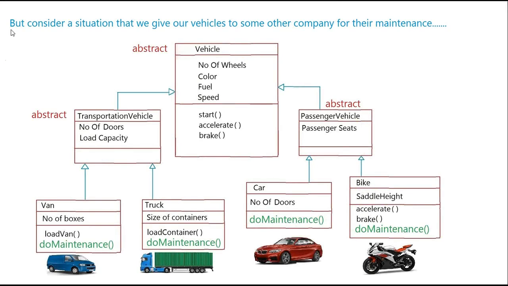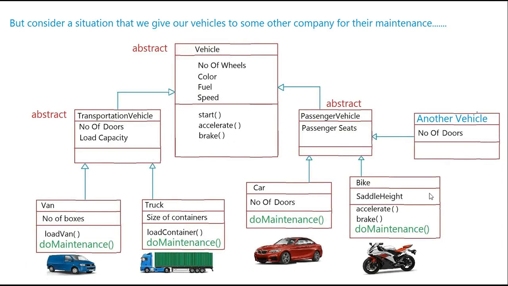But consider a situation where we give our vehicles to some other company for their maintenance. They just call the do maintenance method on every vehicle. Now after some time, we need to add some new vehicles to our vehicle collection and we hand this task over to some new programmer.